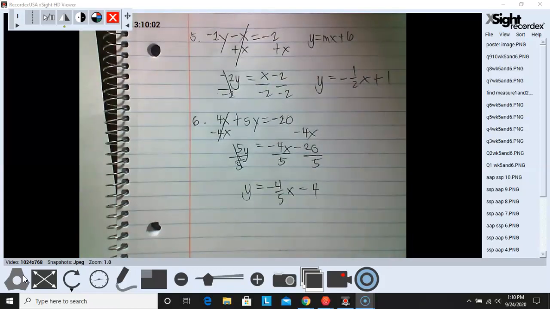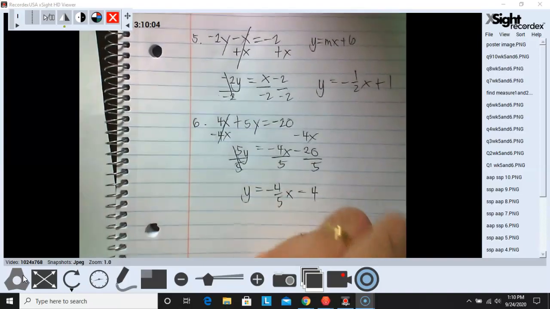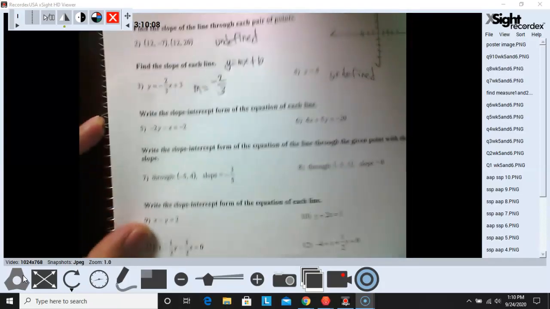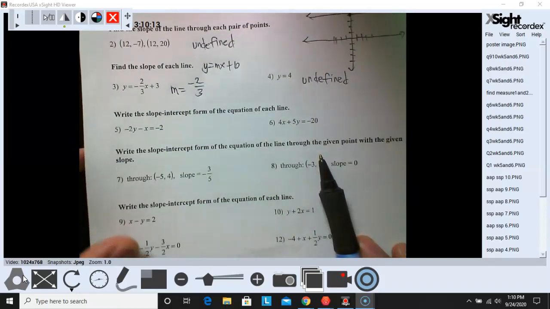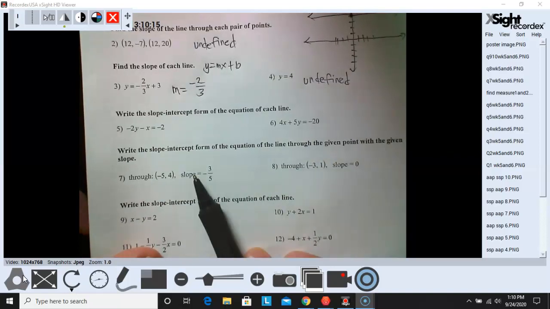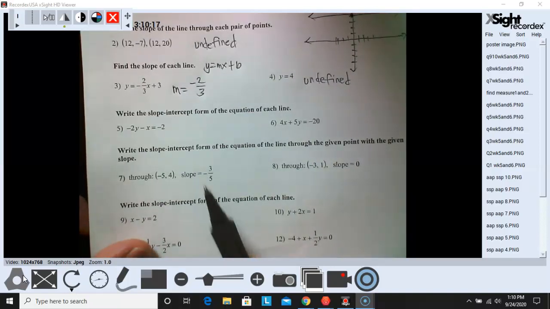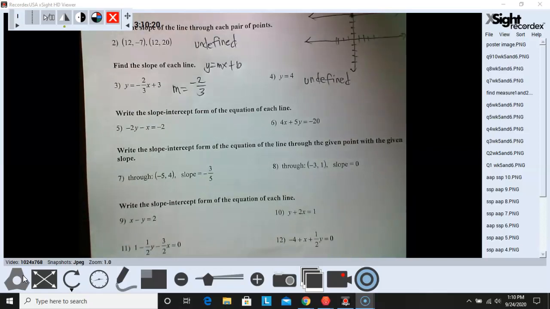Okay, let me turn my notes here for number 7. Let's go number 7. Let me show you the question first. It says here, write the slope-intercept form of the equation of the line through the given point with the given slope. So this is what we're gonna do here.